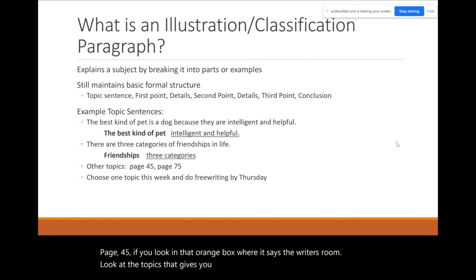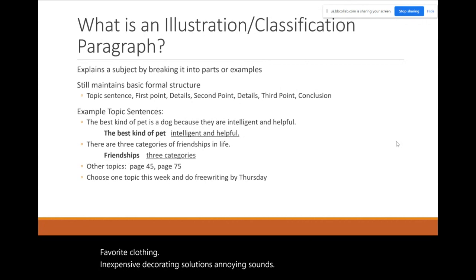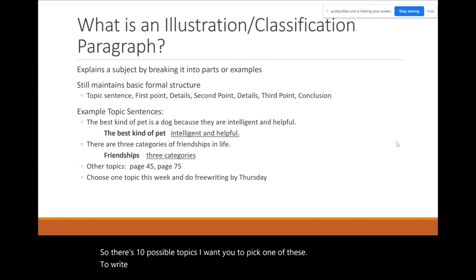It says unhealthy habits, favorite clothing, inexpensive decorating solutions, annoying sounds. So there's 10 possible topics. You can pick one of these to write about in the next 2 weeks.